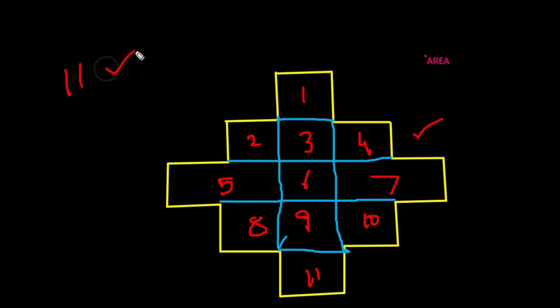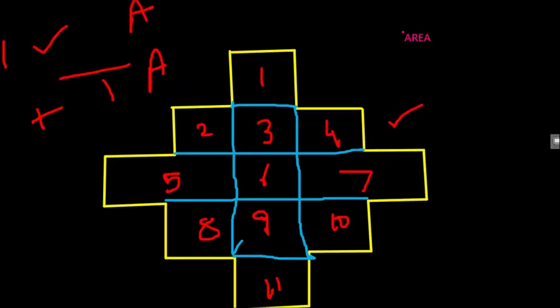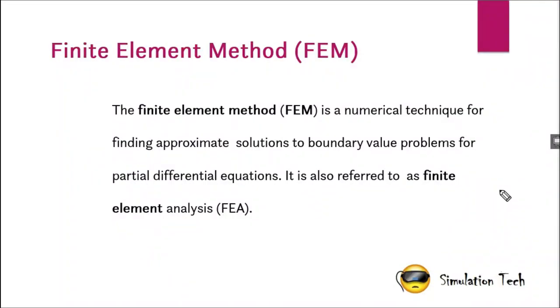After that I add all the areas to get the total area. Here I split my irregular shape into regular shapes I know, calculated each area and added them to find the total area of the model. This separating process is called the discretization process.